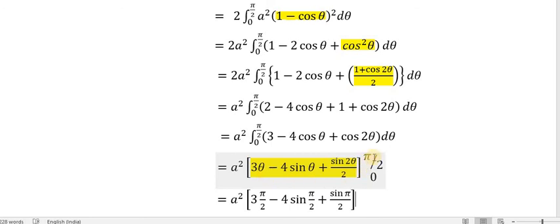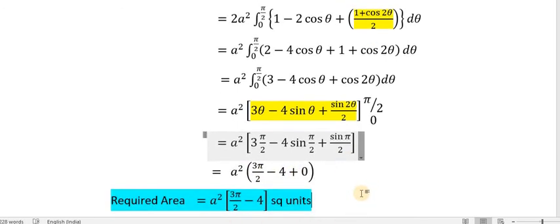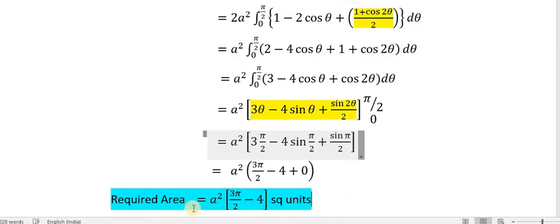So let us apply only the upper limit, that is a square into 3 into pi by 2 minus 4 sin pi by 2 plus sin pi divided by 2. Sin pi value is 0, hence a square into 3 pi by 2 minus 4 plus 0 we get, that is nothing but the required area a square into 3 pi by 2 minus 4 square units.